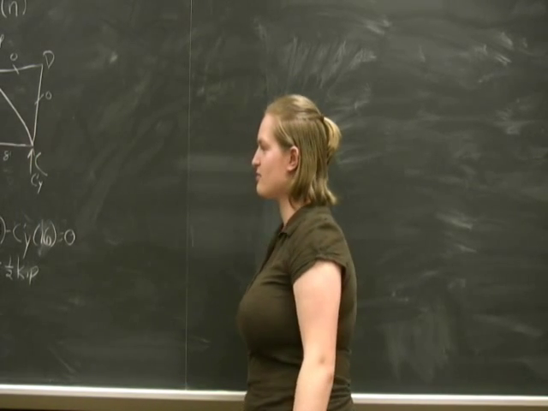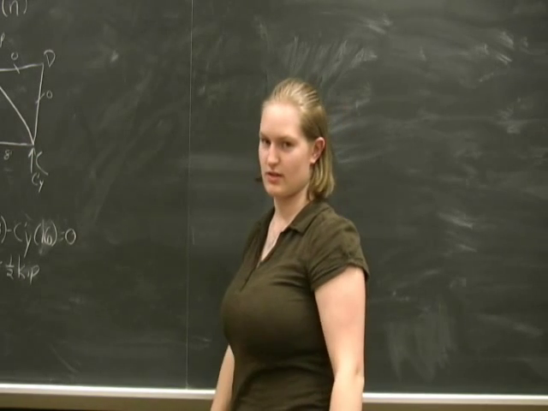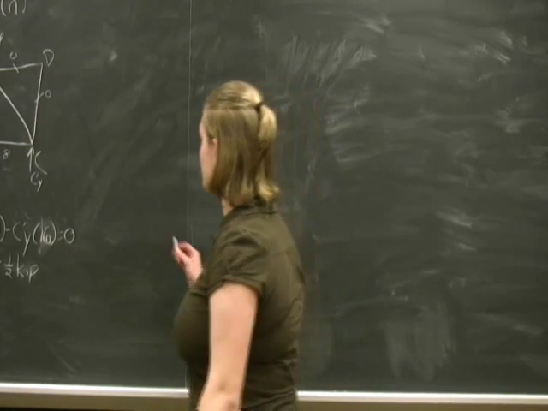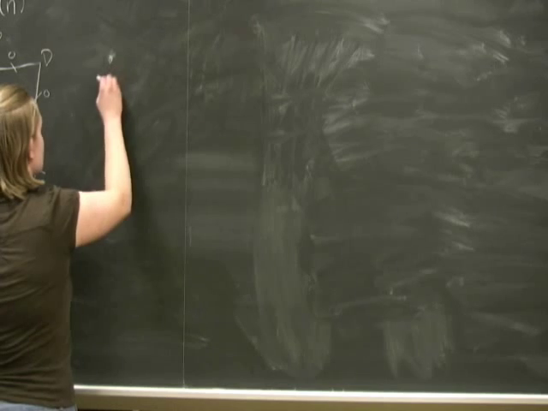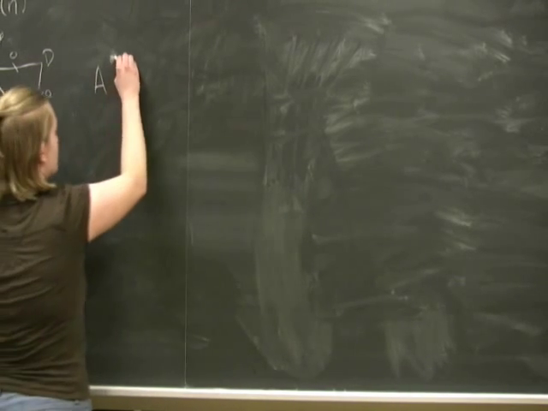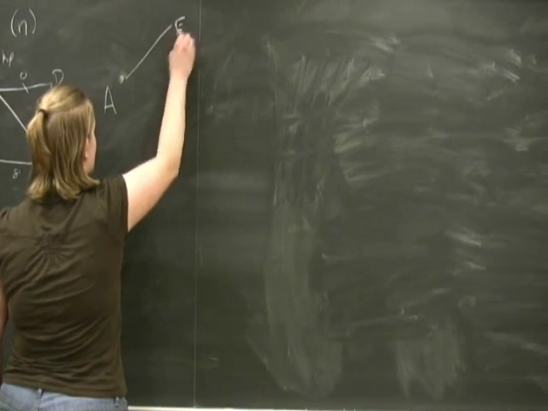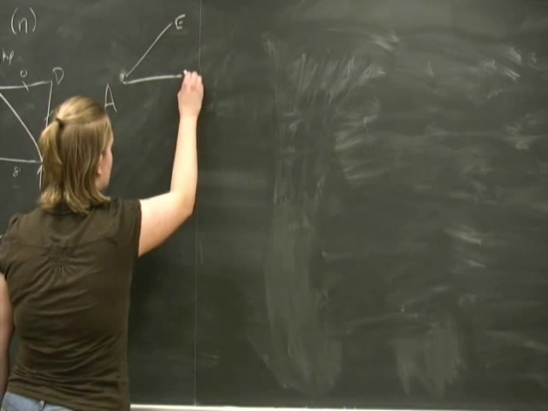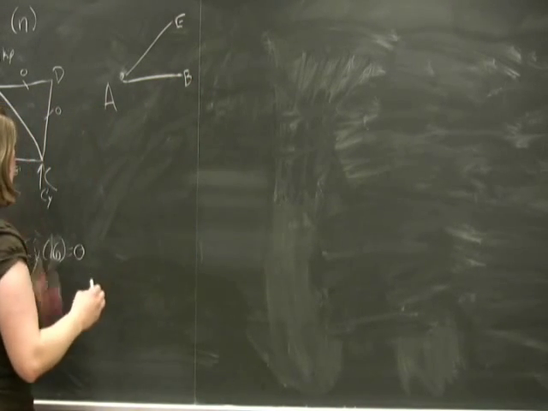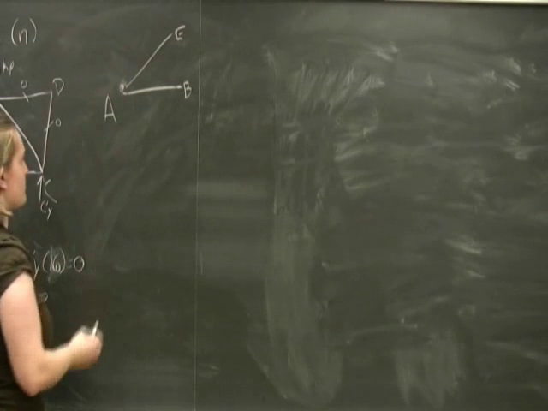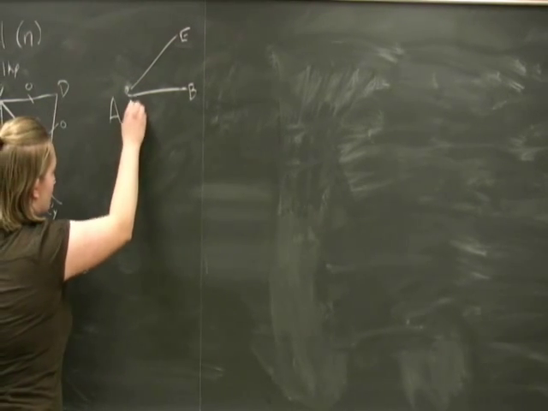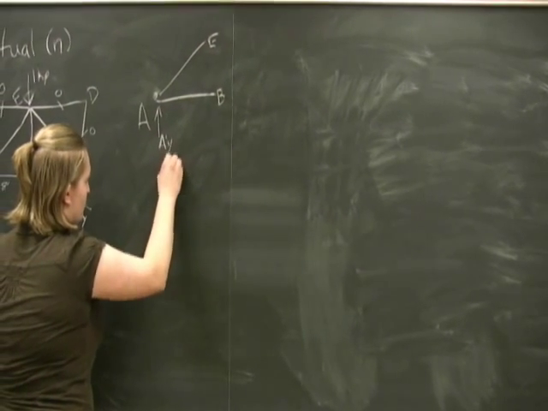To solve for the internal forces, we're going to use the method of joints like we did before, and we'll start with A. Here's point A, and there is member AE and member AB. As we said earlier, AF is 0, and here is the reaction force A prime y.